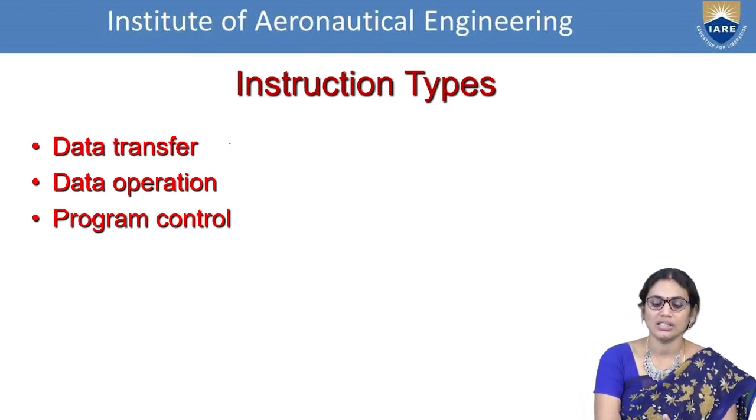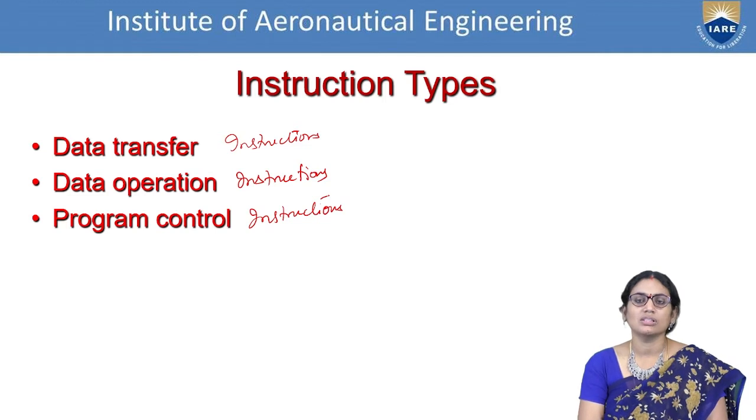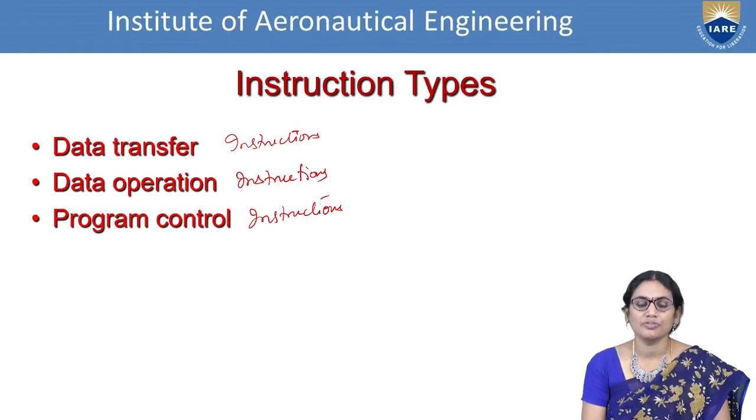So we can also say these are data transfer instructions, data operation instructions, and program control instructions. These are the 3 basic sources of information where the assembly language has to understand what type of instruction it is intended for.